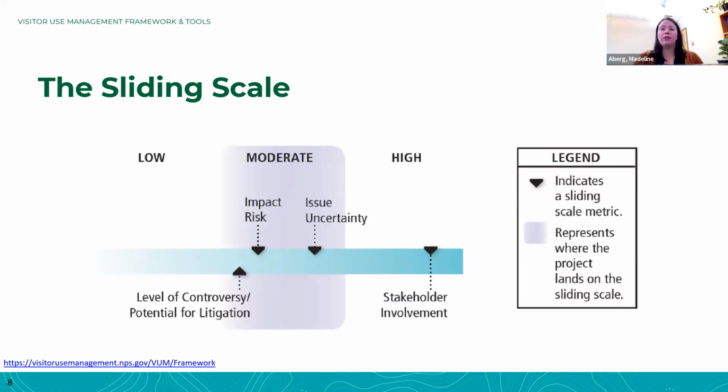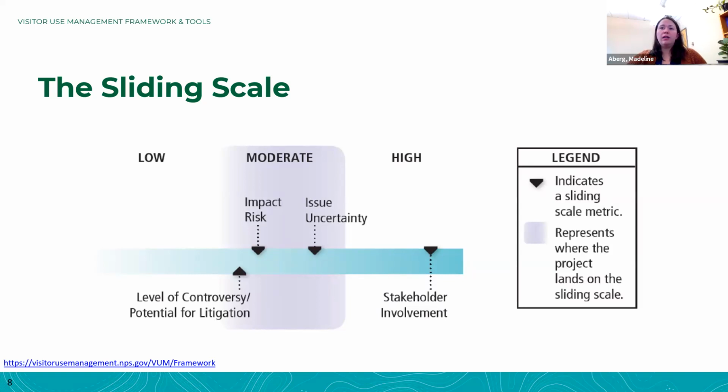The first is the level of controversy and potential for litigation that surrounds the issue. For example, if we're thinking about a park that allows off-leash dogs, implementing a leash or a dog ban has the potential to be a very controversial issue. Versus if we are trying to implement a rule about no glass on the beach, that's likely to be less controversial.